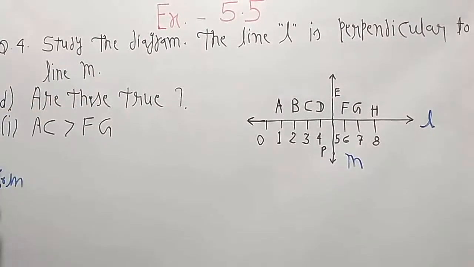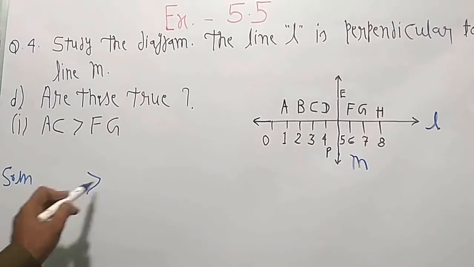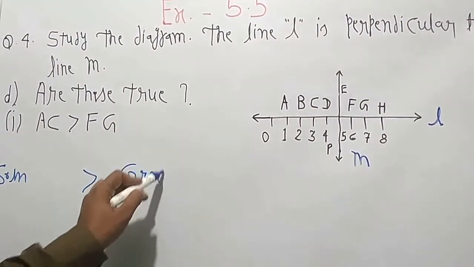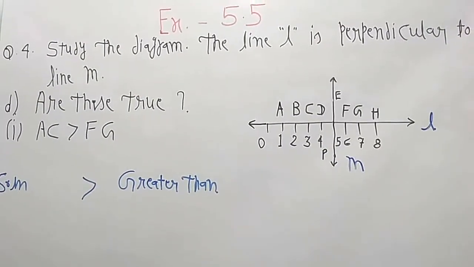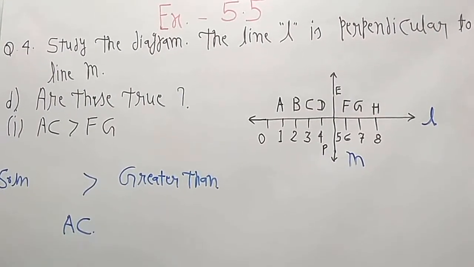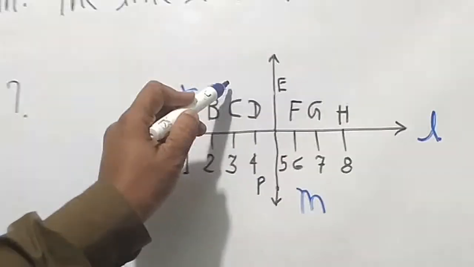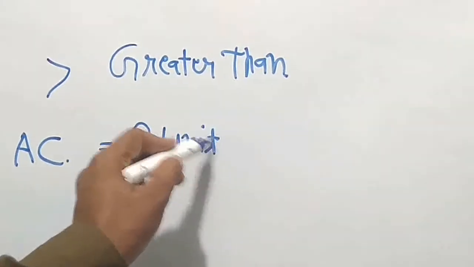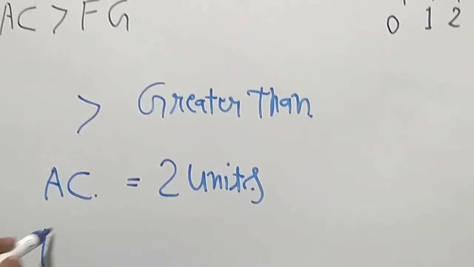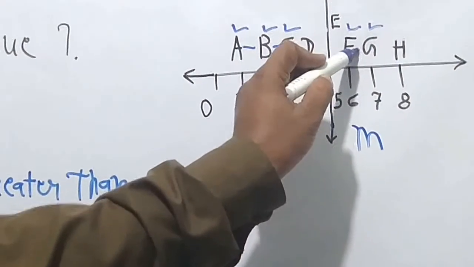Part D, are these true? The first part, AC is greater than FG. So in the solution we write the sign of greater than. This is AC. In the figure we can observe this is A, this is C. From A to C there are 2 units. And this is FG, this is F, this is G. In between F to G there is 1 unit.